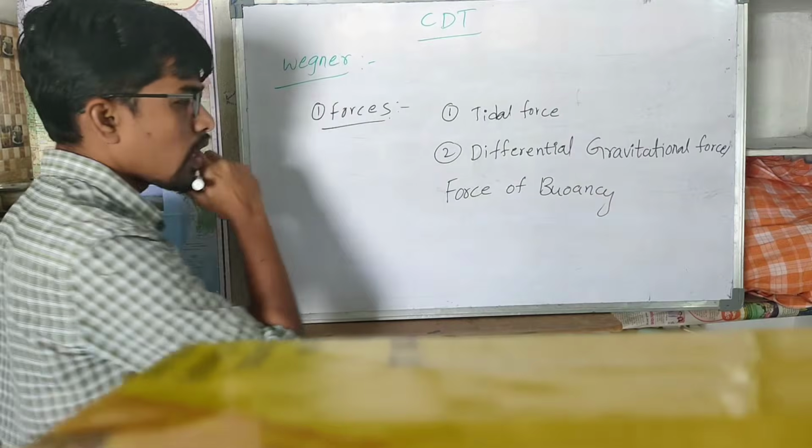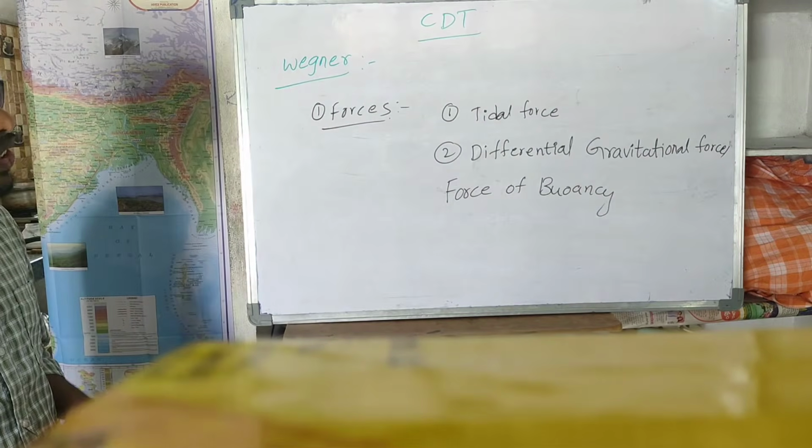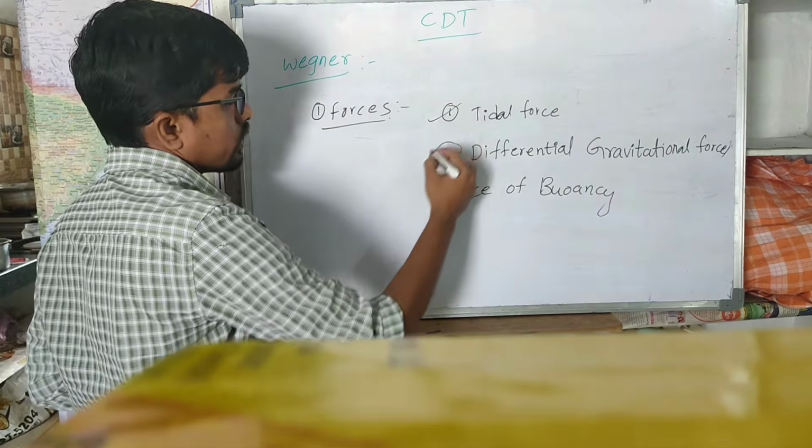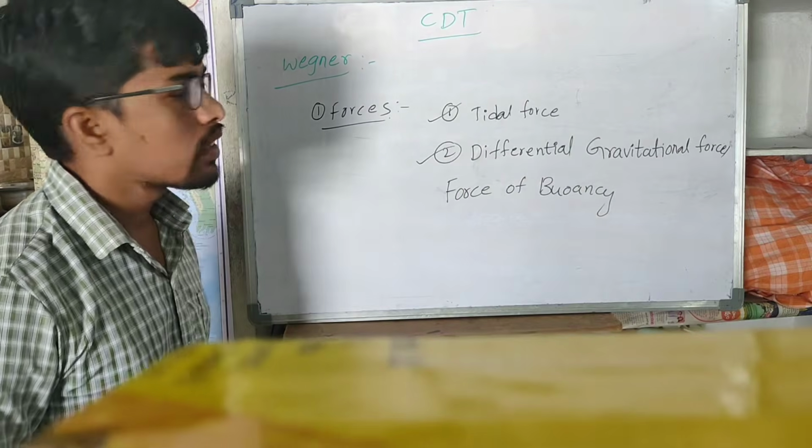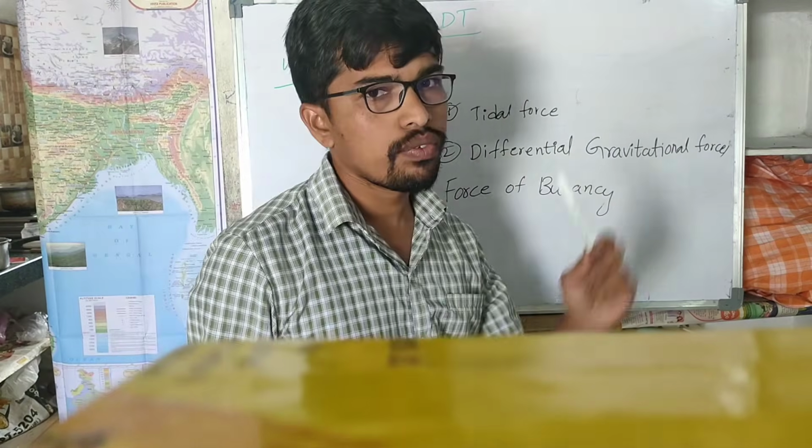Wegener explains that the continents are drifting due to two forces. One is the tidal force and the second one is the differential gravitational force.